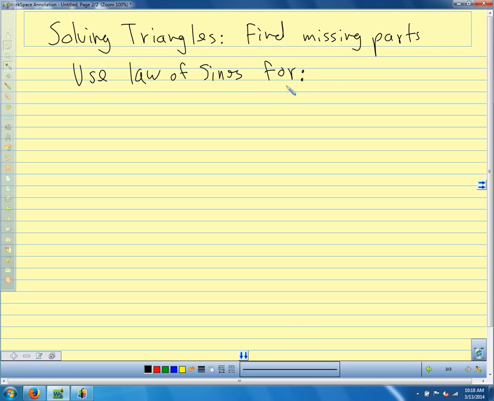We're going to use law of sines for angle-side-angle triangles, and angle-angle-side triangles, mostly. And for both of these, we know two angles and a side. So when we know two angles and a side, we can use law of sines.